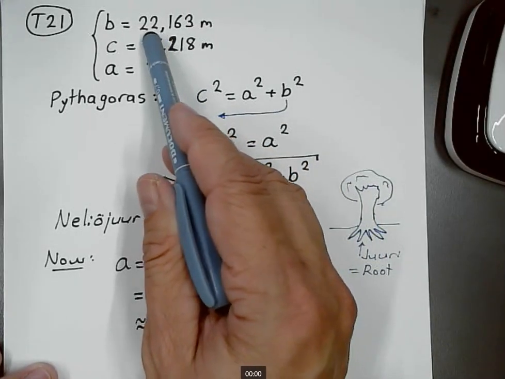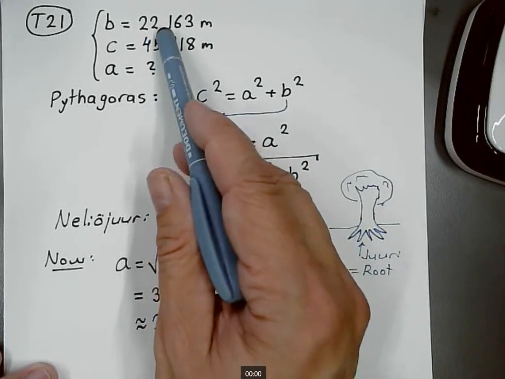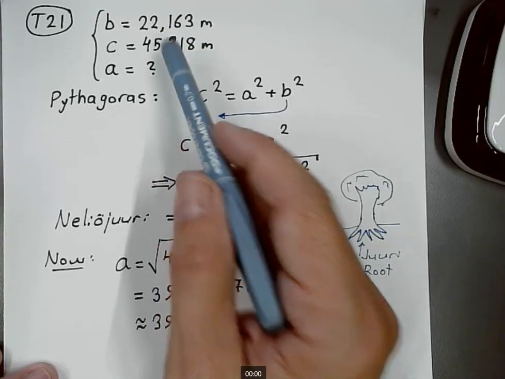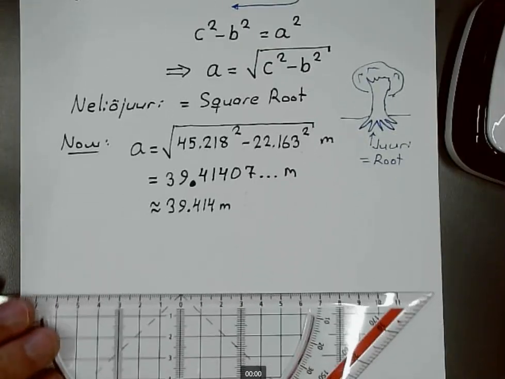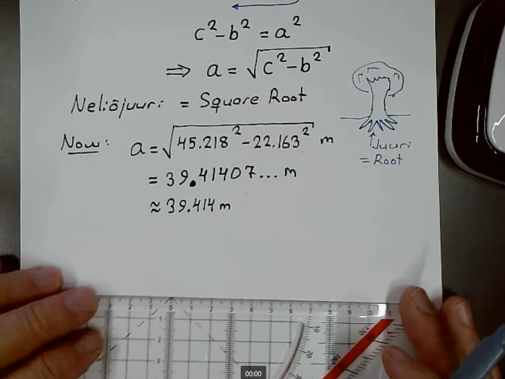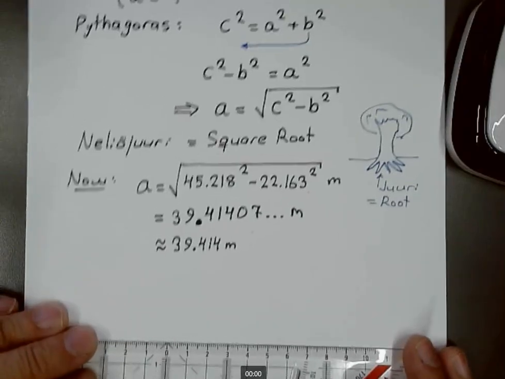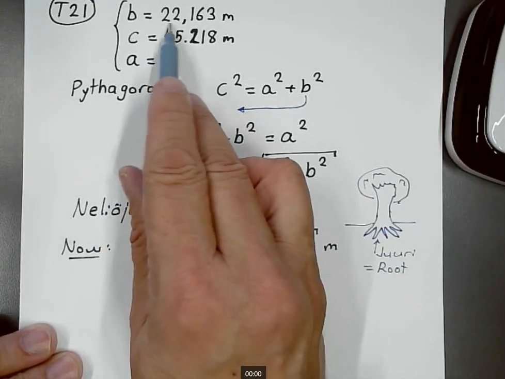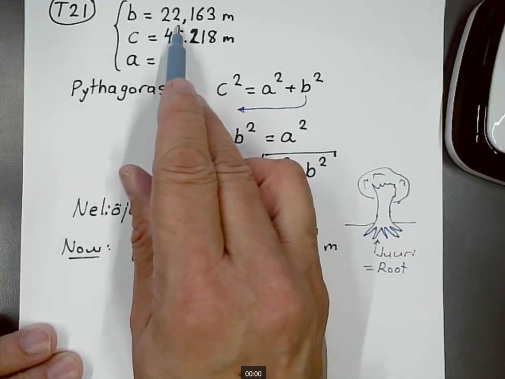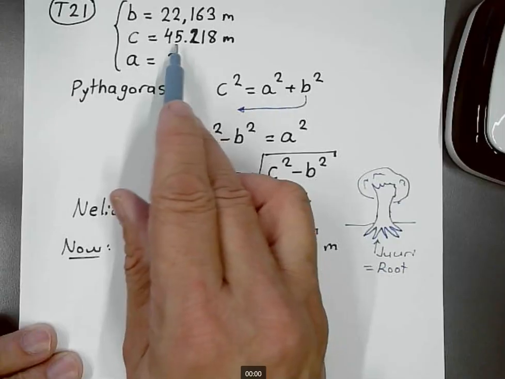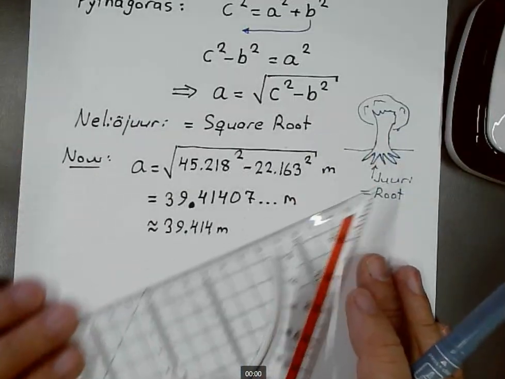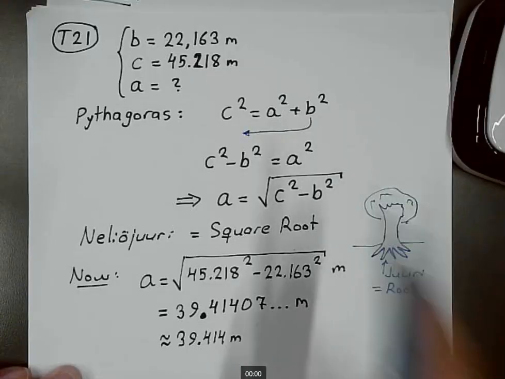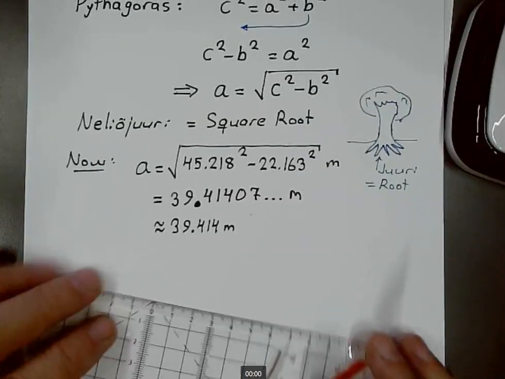For example, I have B and C. Those are about 22 and 45 meters. If I make that kind of scale, I double those numbers, so this will be 44 and this will be about 90, and I will use my ruler here, and so B would be 44 in my scale.